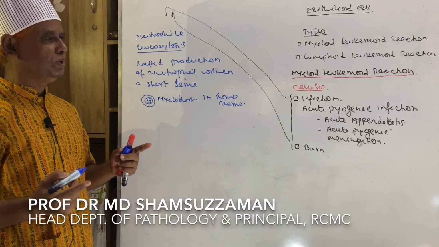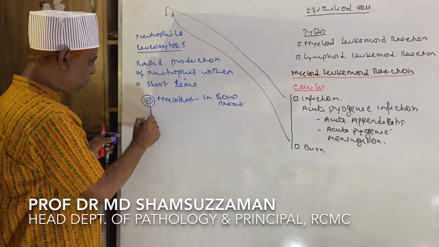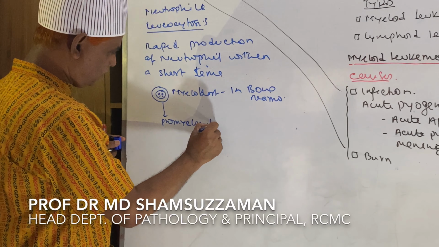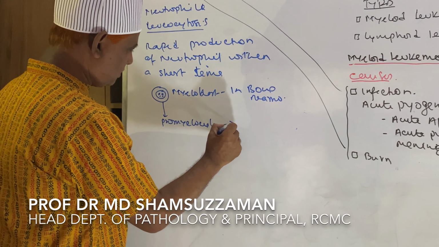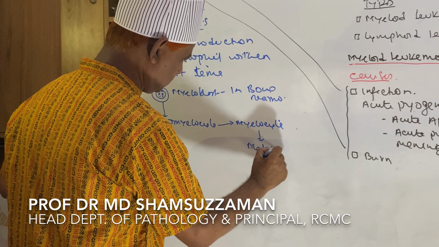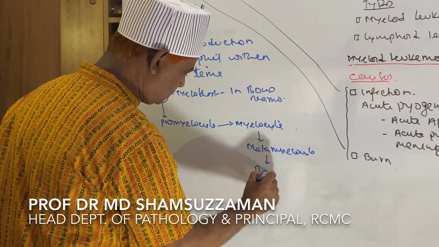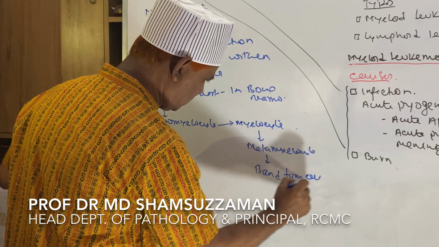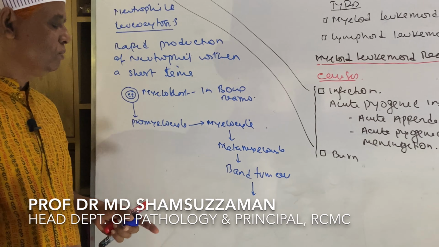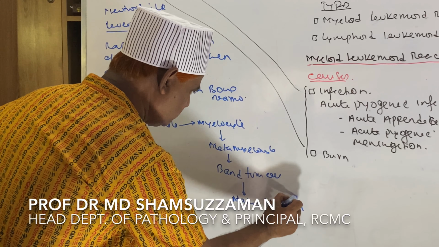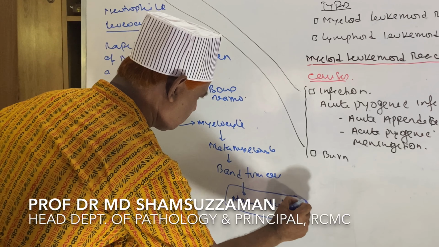During granulopoiesis, from myeloblast we get promyelocyte, then myelocyte, and from myelocyte we get metamyelocyte, and from here we get the band form cell, and from the band form cell mature neutrophil is formed, and this mature neutrophil comes in blood from bone marrow.